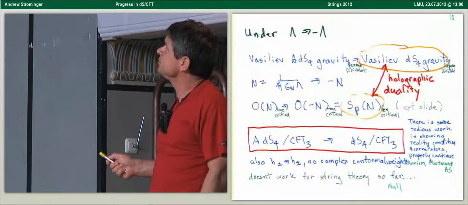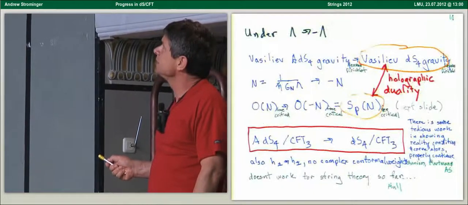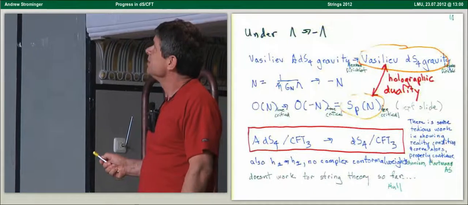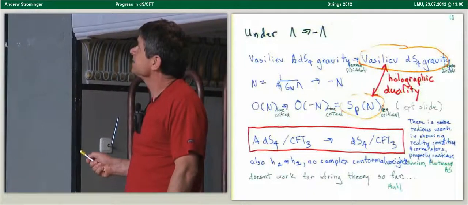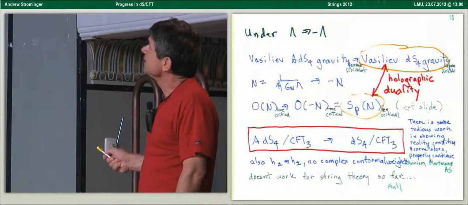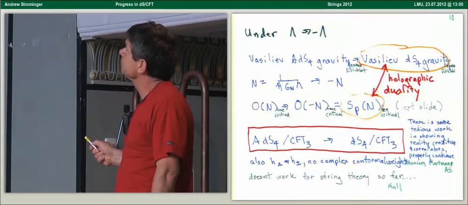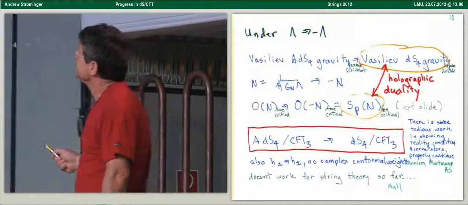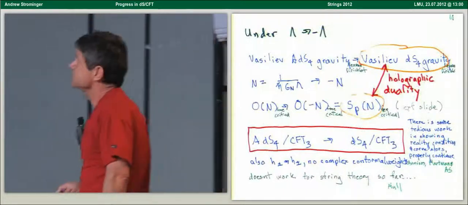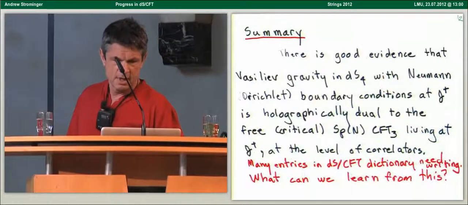And that means you take N to minus N, and so O(N) goes to O(minus N), but O(minus N), as I'll explain on the next transparency, is actually the same thing as the Sp(N) model. So the example of dS/CFT is then Vasiliev dS4 gravity, with two possible boundary conditions, in the Sp(N) model, the free or the critical version.